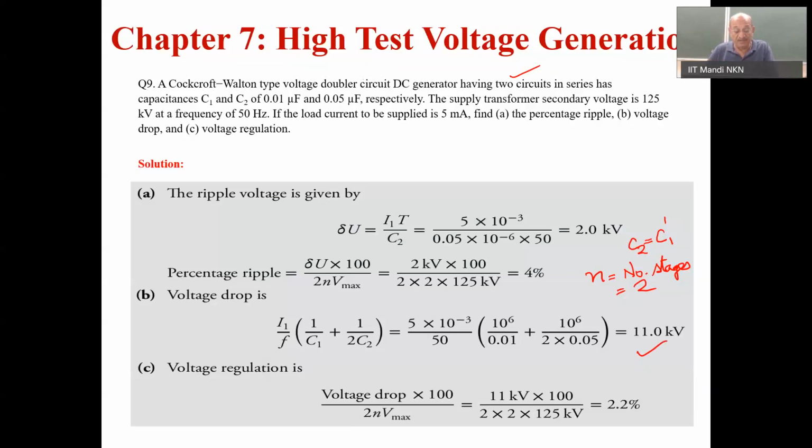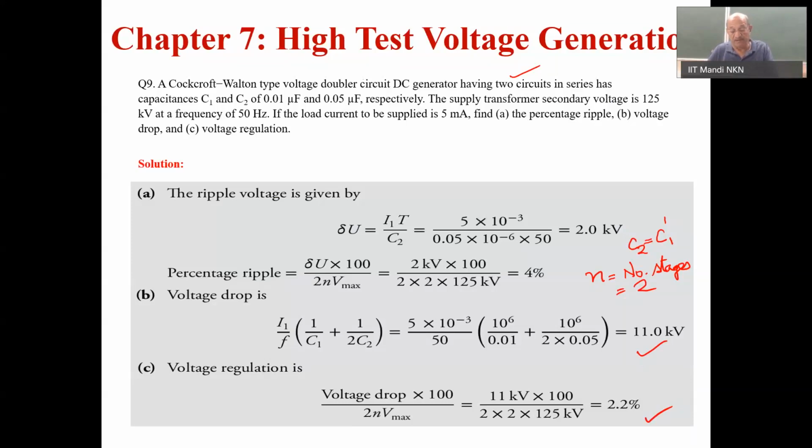And the voltage regulation will be equal to the voltage drop into 100 upon 2n V max, or U max. So that works out to be 2.2%. You know what is regulation?